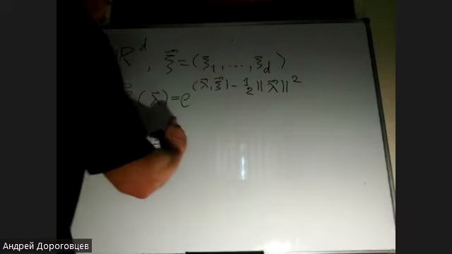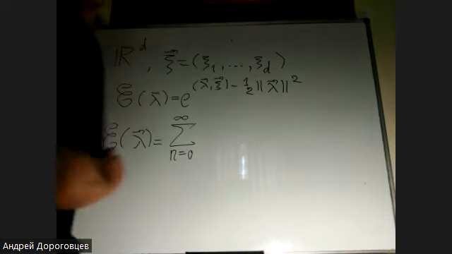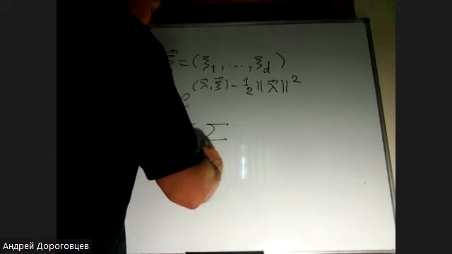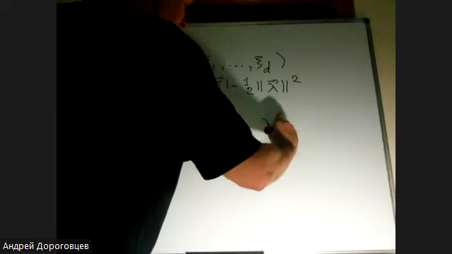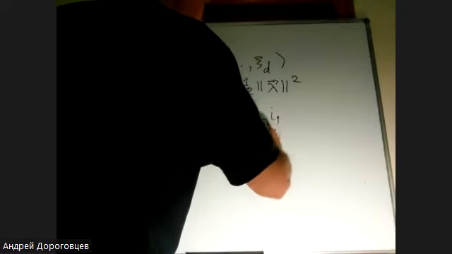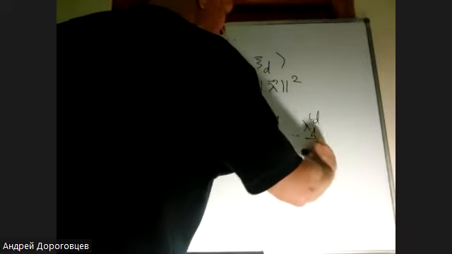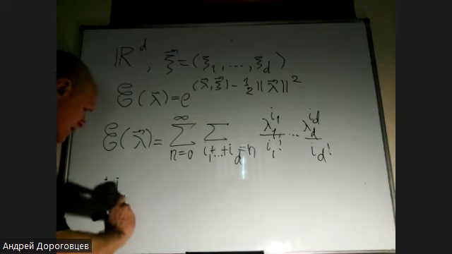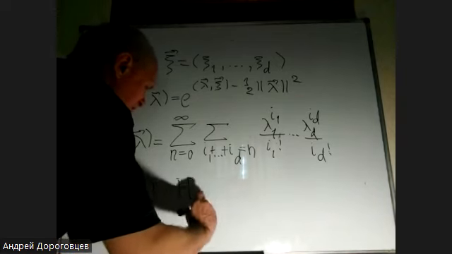It is equal to the sum, n equal 0 to infinity, of the sum over e_1 plus ... plus e_d equal to n, of λ_1 to the power e_1 divided by e_1 factorial, ..., λ_d to the power e_d divided by e_d factorial, and then h_{e_1}(ξ_1), ..., h_{e_d}(ξ_d).